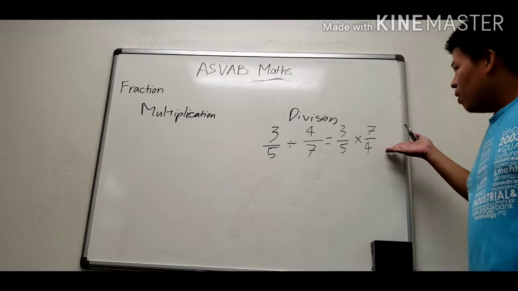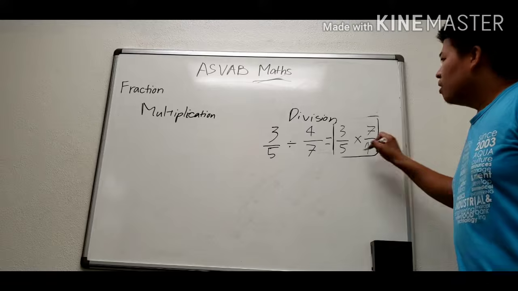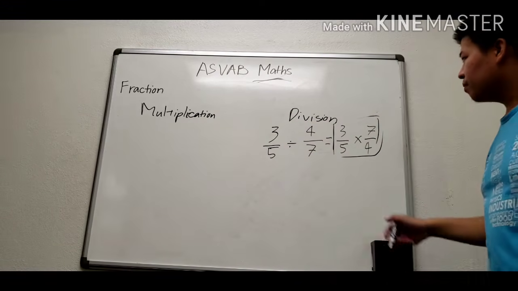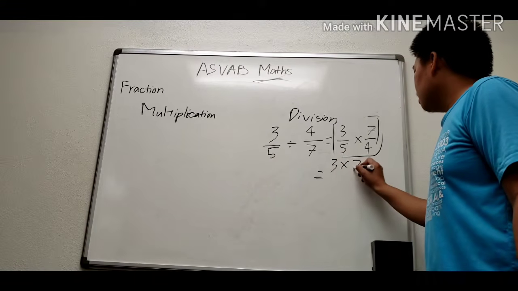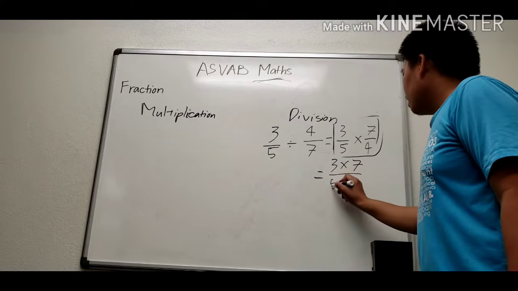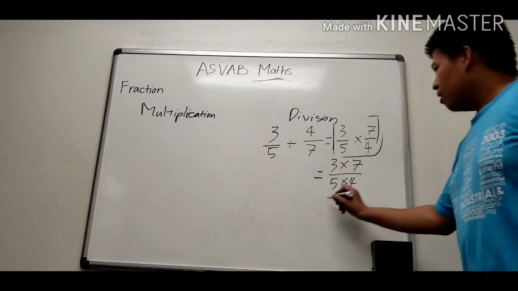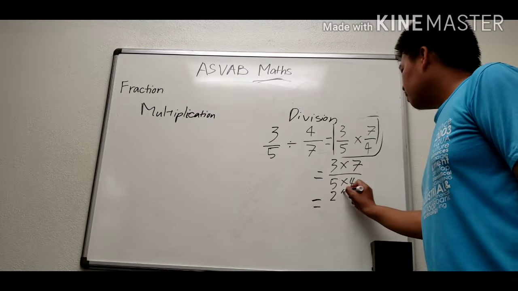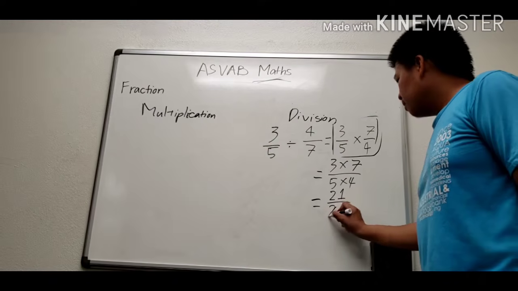This is so simple because we just apply the multiplication. We get 3 multiplied by 7, and 5 multiplied by 4: 7 multiplied by 3 is 21, and 5 multiplied by 4 is 20.